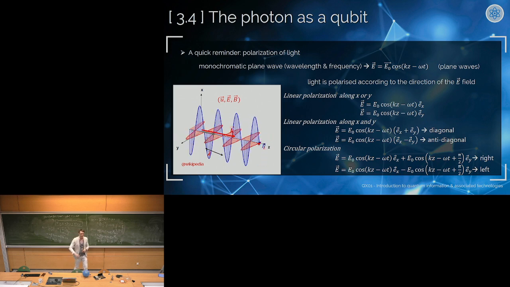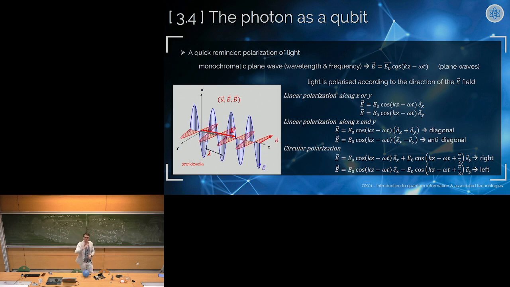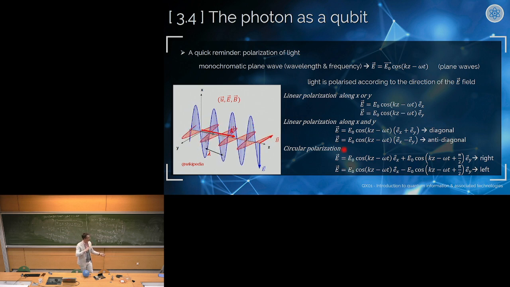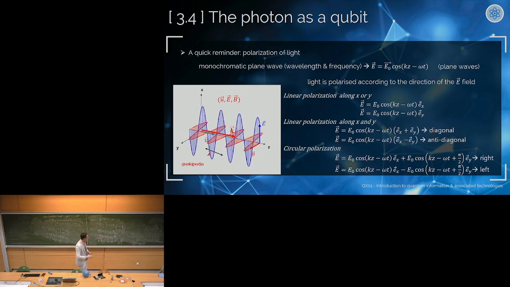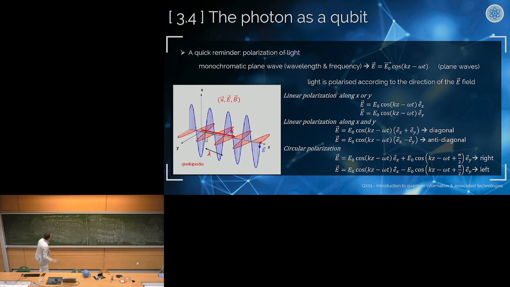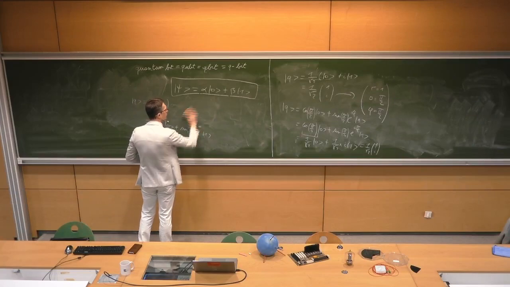So what it means is that I can put a single photon, a single particle, so a single object, into a diagonal polarization. But a diagonal polarization, you can see it here, would exactly be the equivalent of that.